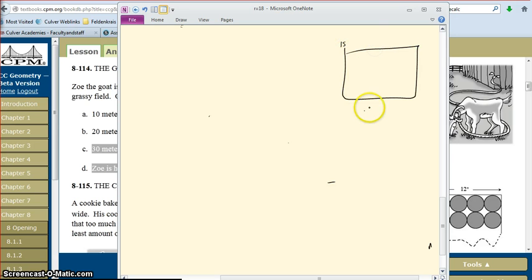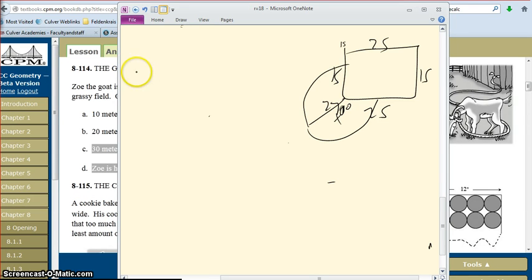25, 25, 15, 15. We don't know this. Okay, this is X. We do know that this is 270 degrees.